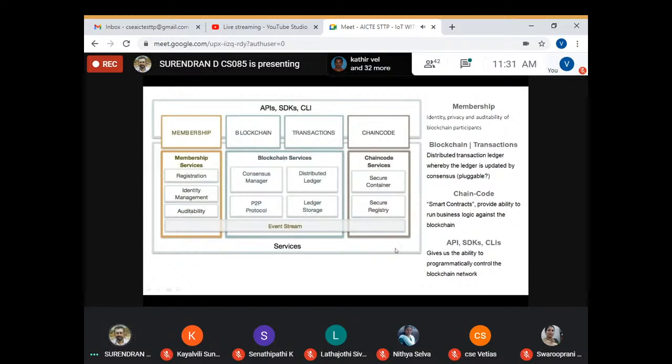The APIs, SDKs, and command line interface give us the ability to programmatically control the blockchain network. Now, more and more APIs are developed in this particular space, and they are made open, and by making use of those APIs you will be able to develop your blockchain systems, right?